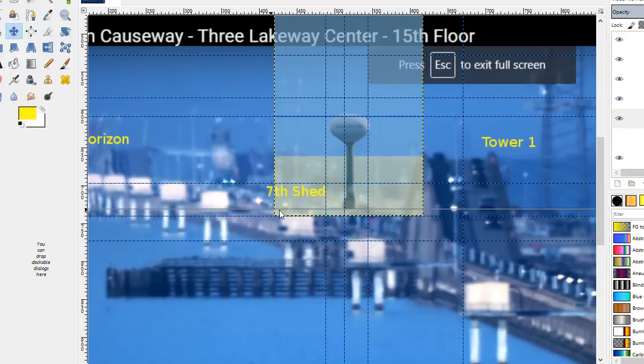So, you know, this would be the ground level here. But like I said, it would be fairly close to there anyway.